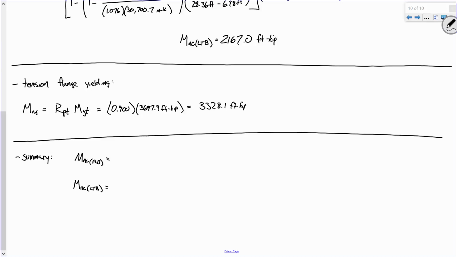This one is 2167.0 foot kips. And then MNT was 3328.1 foot kips. All right, so to summarize what's going on, keep in mind that phi is 1.